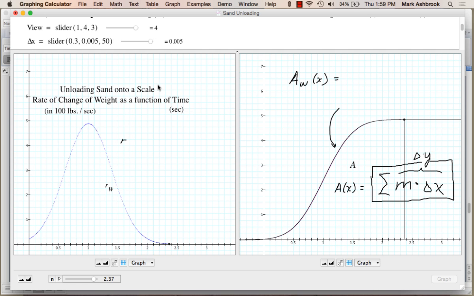So then we get to a point where delta x is so small that we can't tell the difference between actual rate and approximate rate, and therefore we can't tell the difference between actual accumulation and approximate accumulation. So the key concept is a really small delta x.